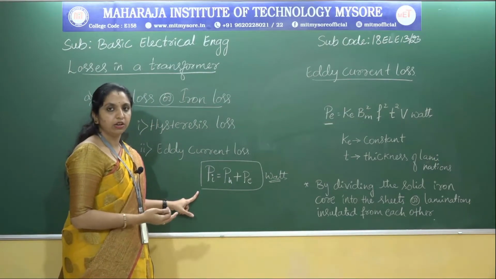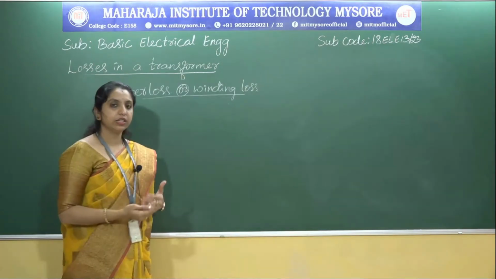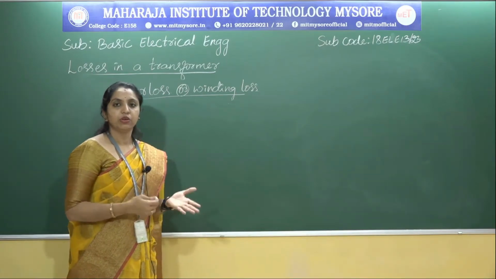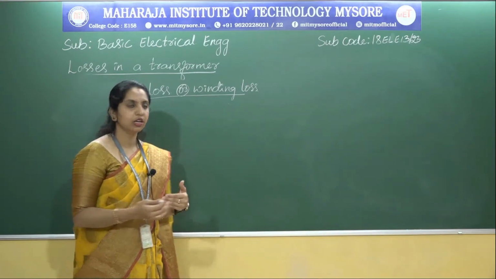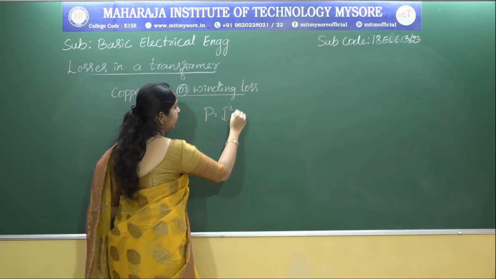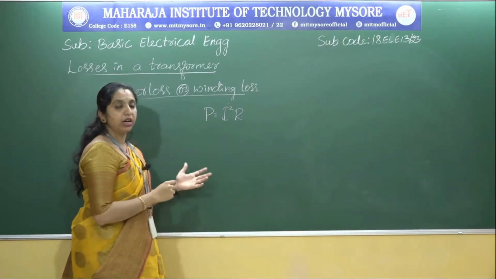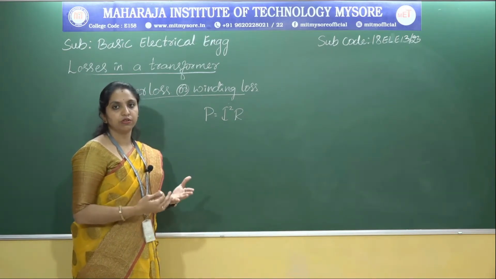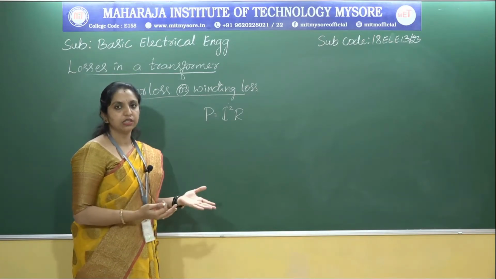That is winding loss, which we also call copper loss. In this loss, we know that the winding carries a current, the current passes through the winding. How do we express the power? Power is I square into R, isn't it? The power is wasted because of the resistance we use at the primary as well as at the secondary.